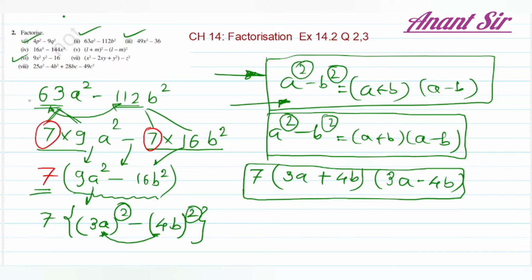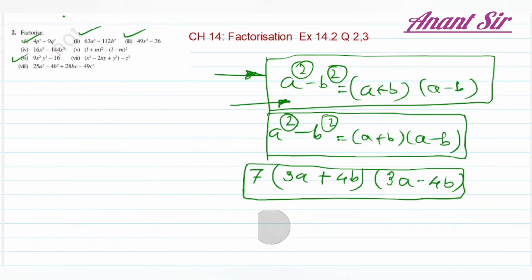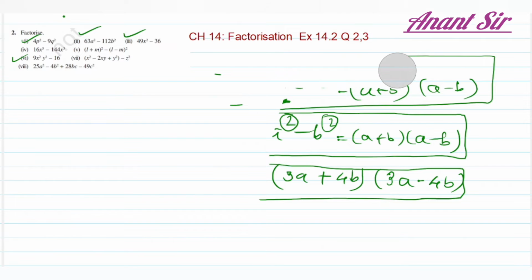The only thing that was different was, first we had to take something common. We took 7 common, and then the question was very similar to the last 3 questions which we have already solved. I hope you have understood the question. So now let's move on to solve the next question.